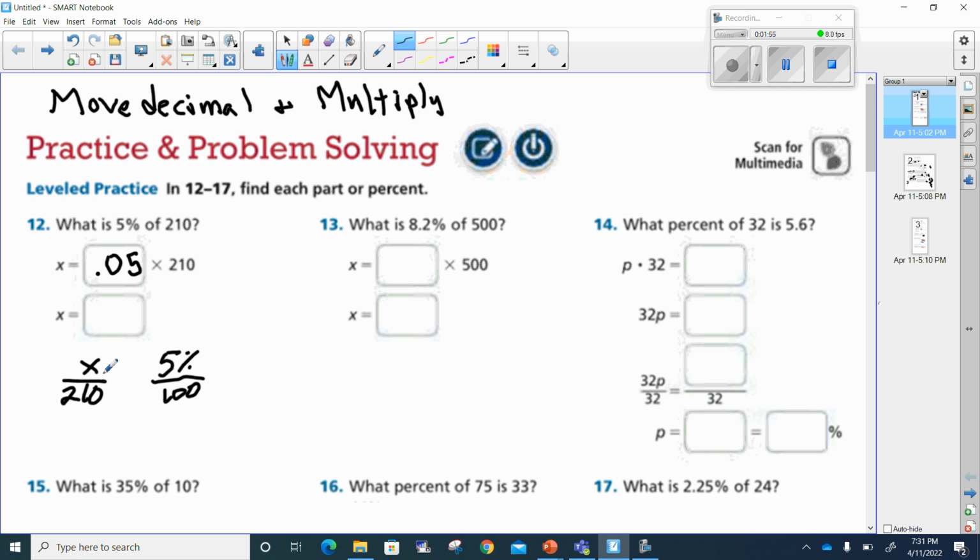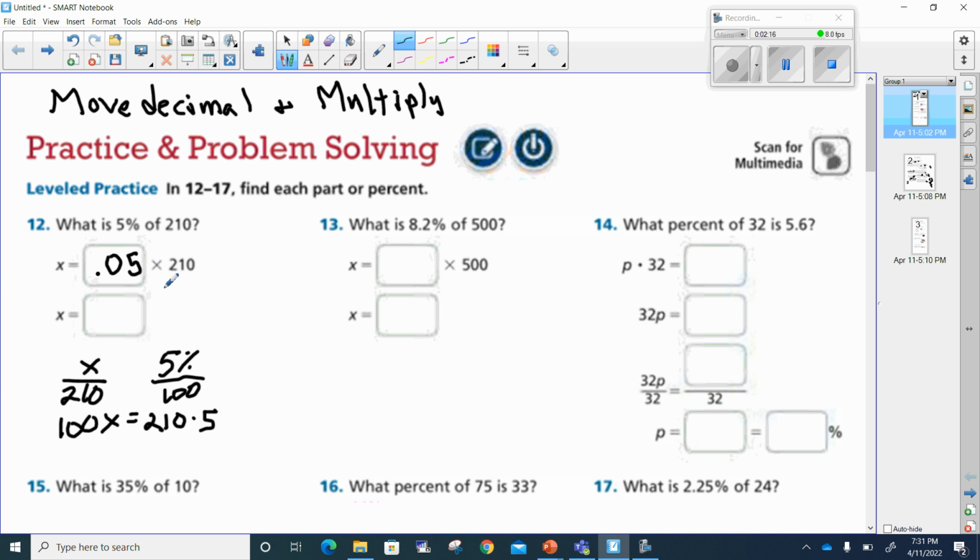So that means I'm taking 100 times x, and then that has to equal 210 times 5.